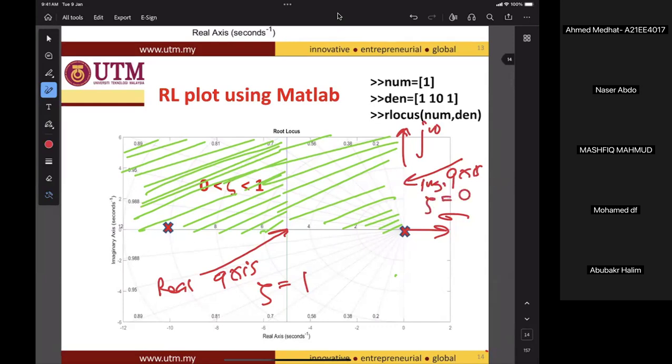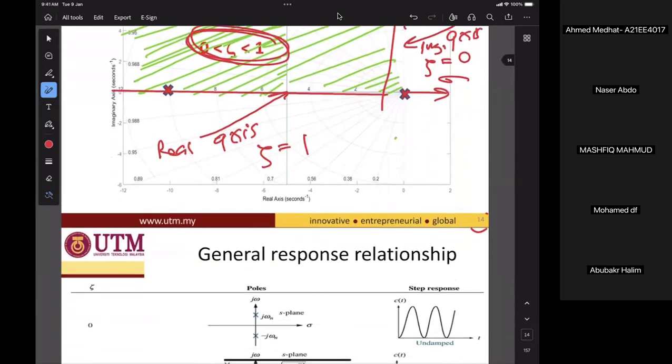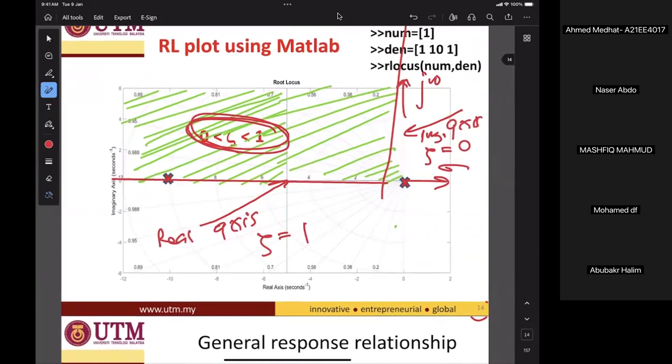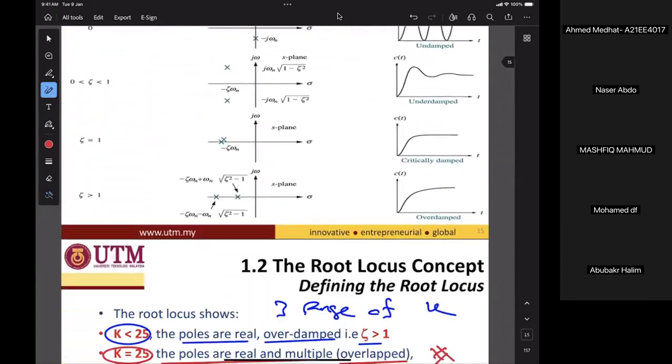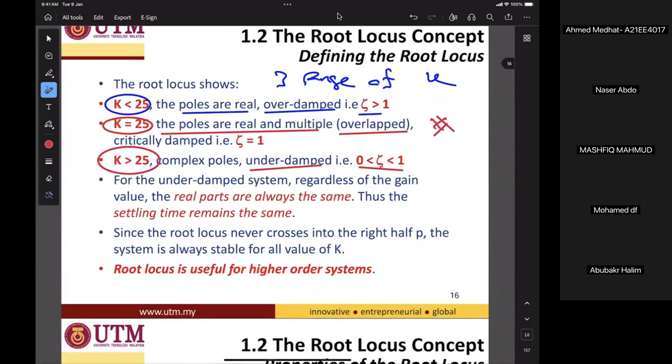So our working area is this one, between 0 and 1, the green quadrant.